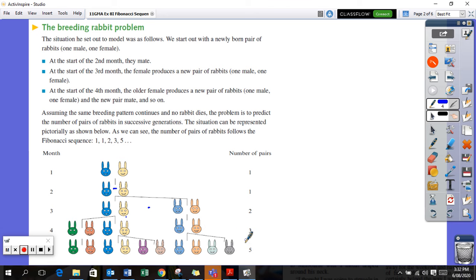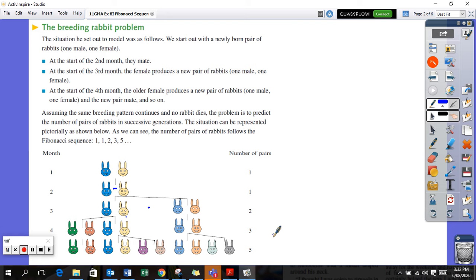And then at the start of the 5th month, the next pair of rabbits start breeding, and we end up with 5 pairs of rabbits. Okay, so the rabbits are breeding in a pattern that matches the Fibonacci sequence. So that's one place where we can see it in nature.